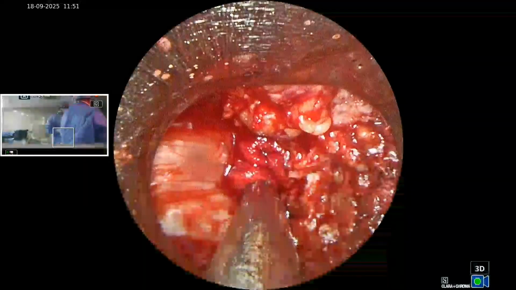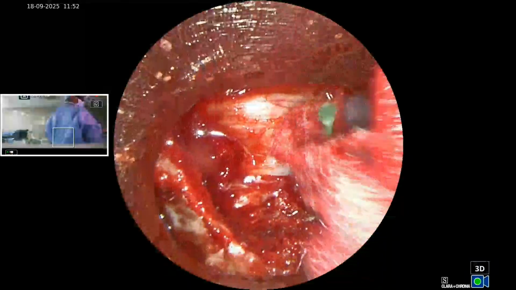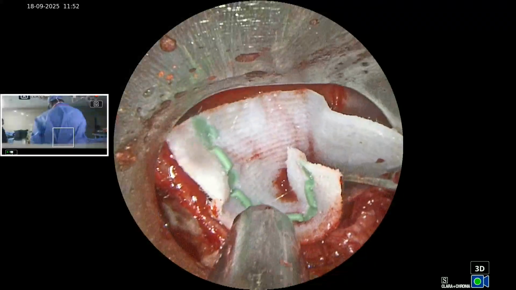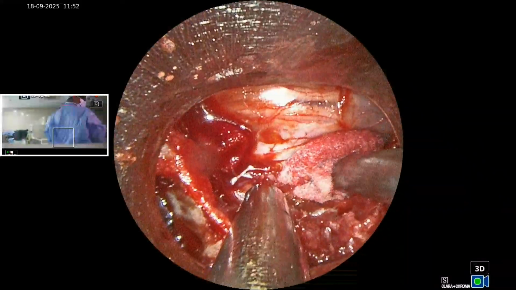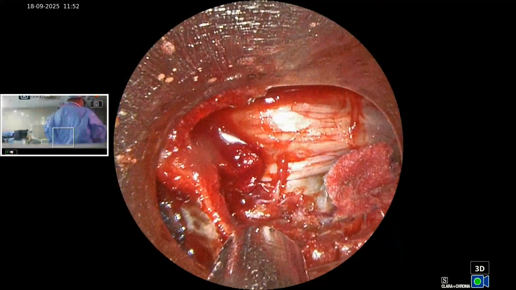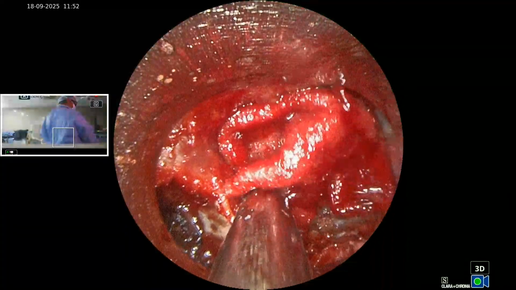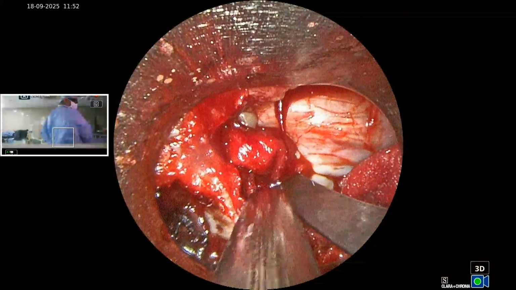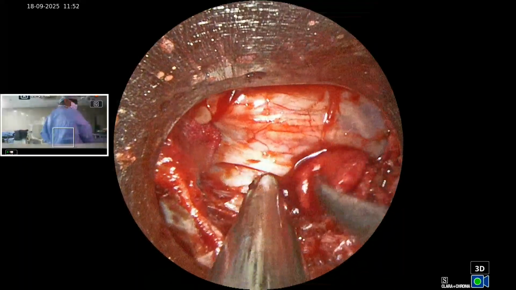Spatula, a disc there. Small petty. Disc. Spatula. Okay.